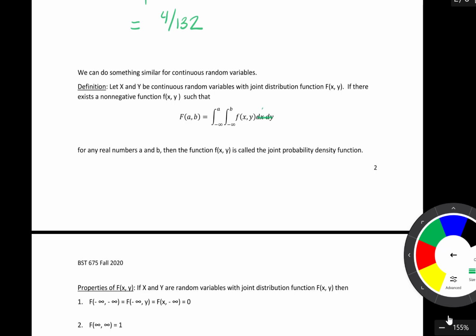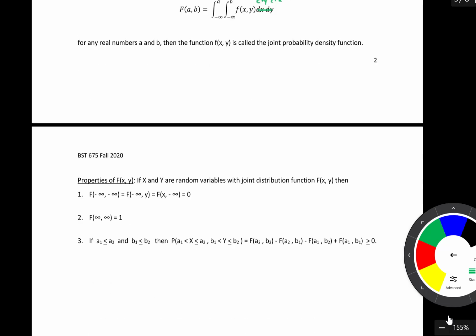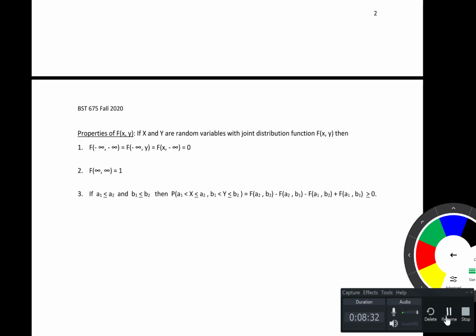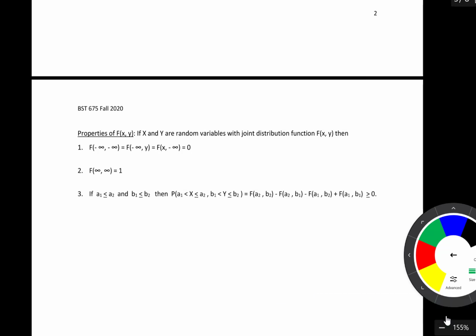And that should actually be dy dx by the way that's written. And then similarly we could look at properties of the CDF. Again, recall that the CDF is given by the following.